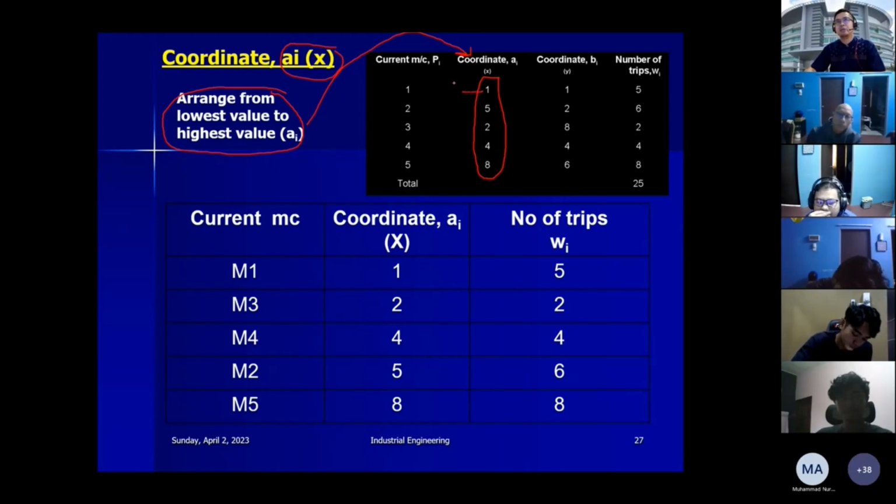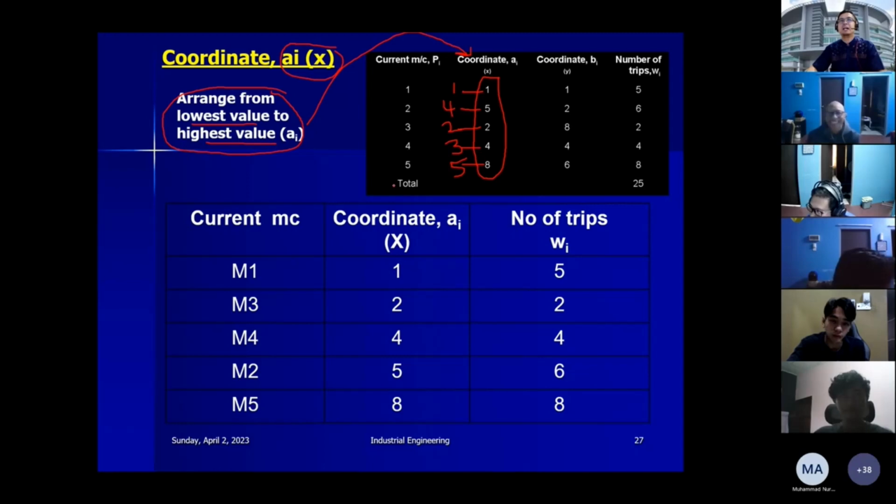The first one will be like this, the second like this, and the third will be machine 4, then number 4 and number 5. So we have to arrange from the lowest value to the highest value.